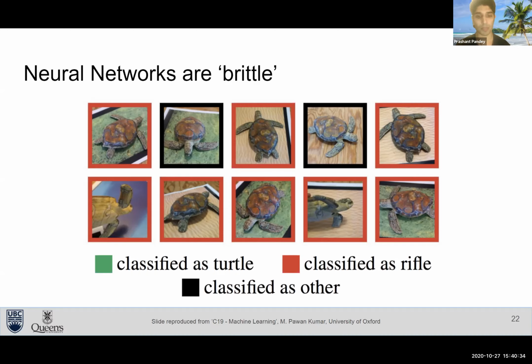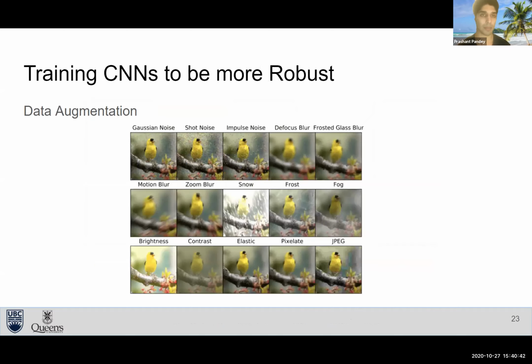So how do we overcome this? There are many mathematical and optimization tricks, but I'm going to talk about just one simple and very commonly used technique called data augmentation. So if noisy images and weird images can trick your neural network and fool it, then why don't we just train the neural network with those noisy images?